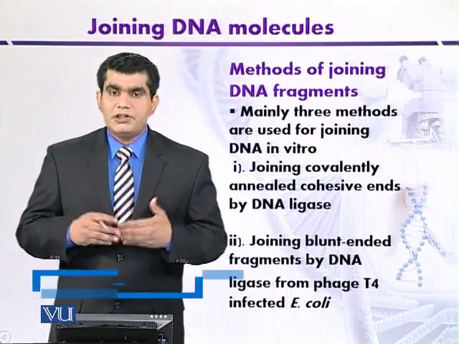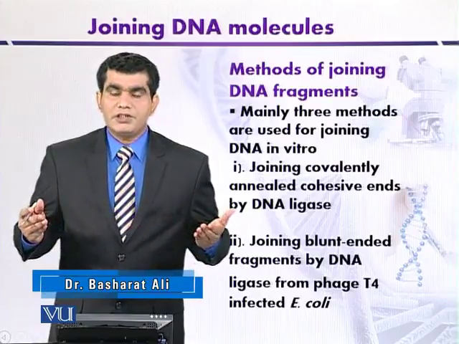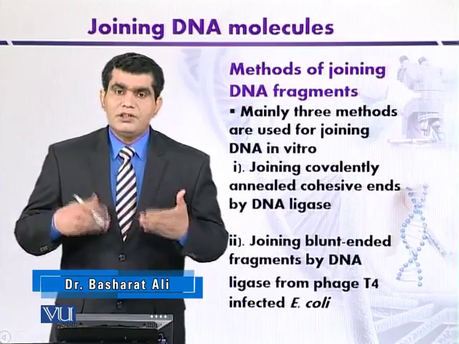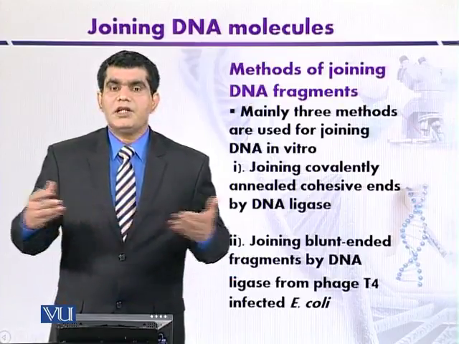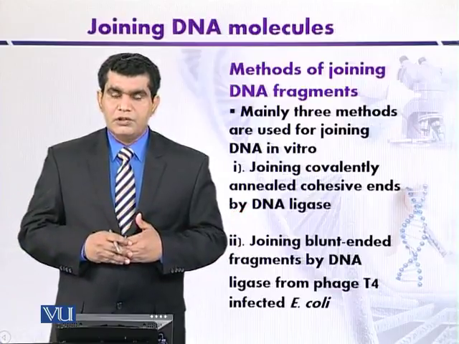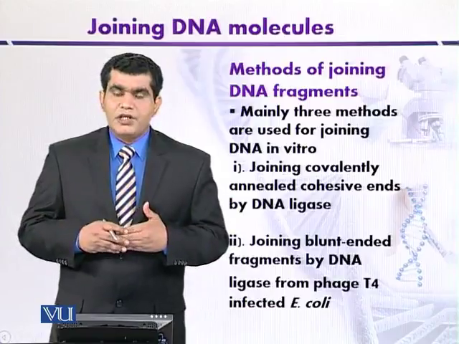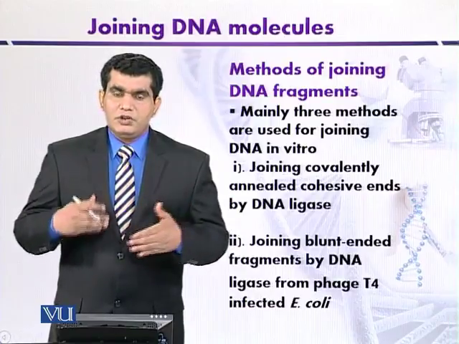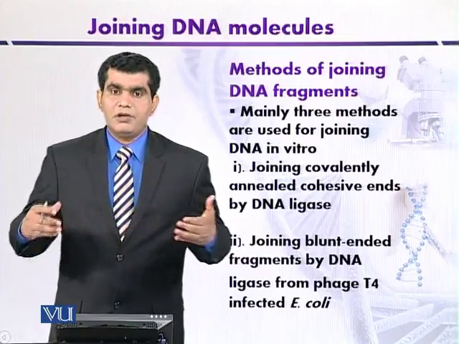Another method also depends on DNA ligase, but the source is different. This DNA ligase is encoded by phage T4 that can infect the E. coli. Now this T4 DNA ligase will join or ligate the DNA fragments that have blunt ends.